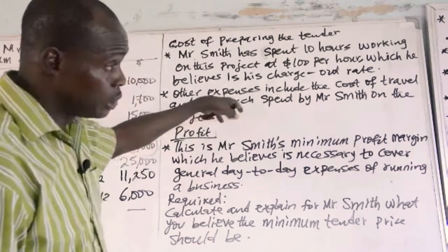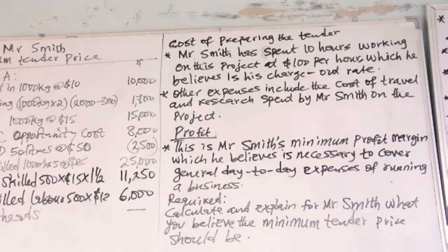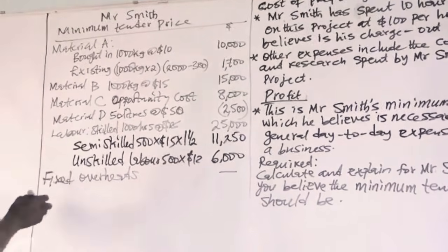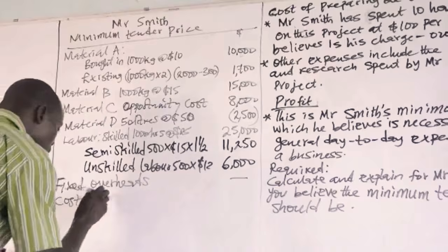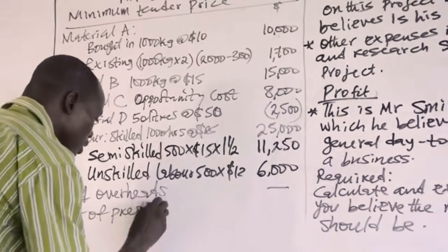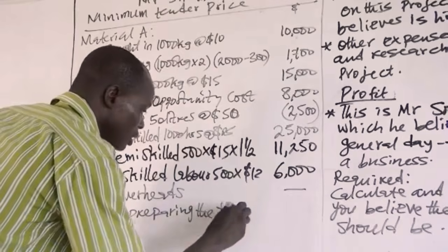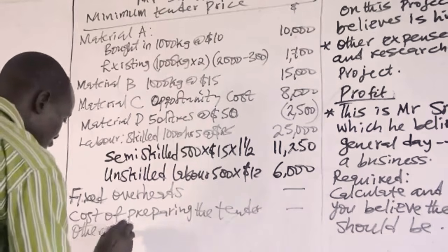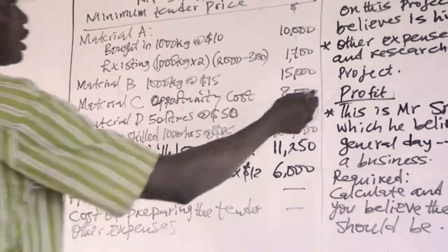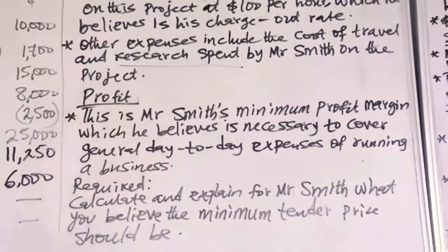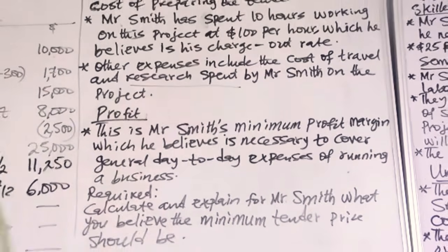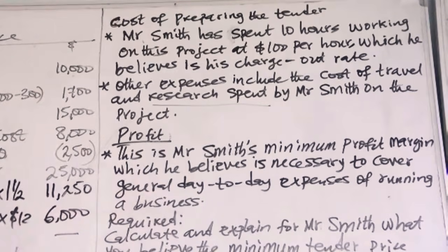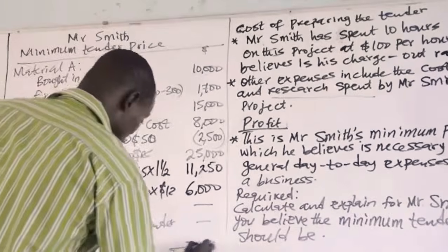We've told you that research costs are sunk costs, so the amount spent on research is not relevant. Profit markup is not relevant. Since it is the minimum price, we don't consider the profit markup.